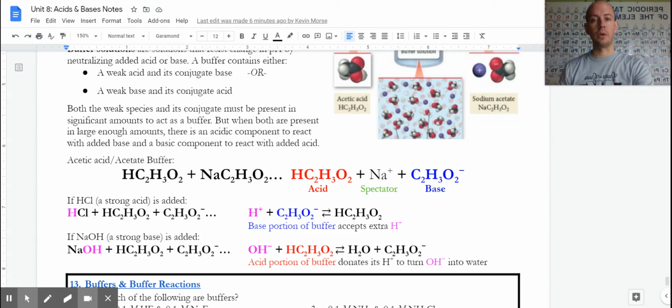Putting in a lot of H plus or OH minus does significantly change the pH. So what's important here is, once again, we have both acid and base in our buffer in significant amounts, and they serve different roles. This one can accept a hydrogen ion, neutralizing invading strong acid. This one can donate a hydrogen ion, neutralizing that invading strong base.